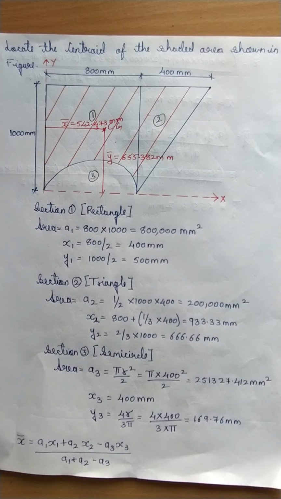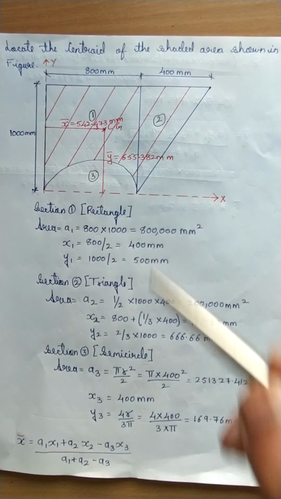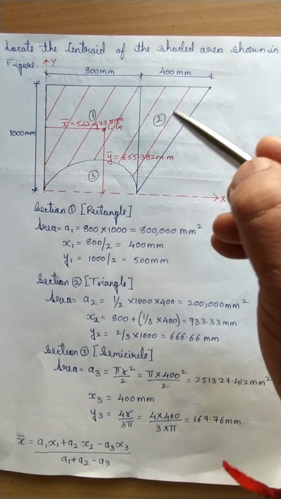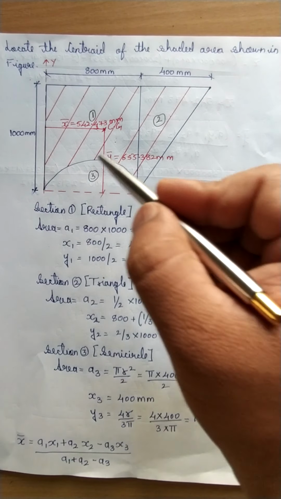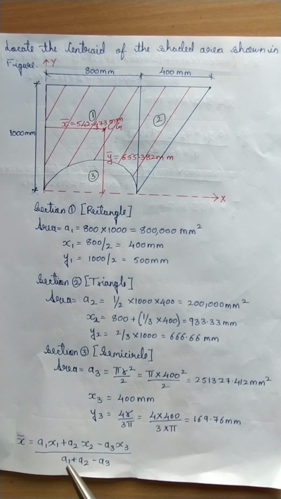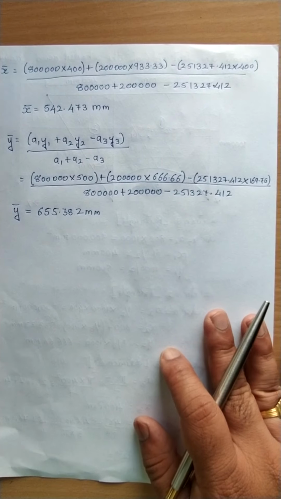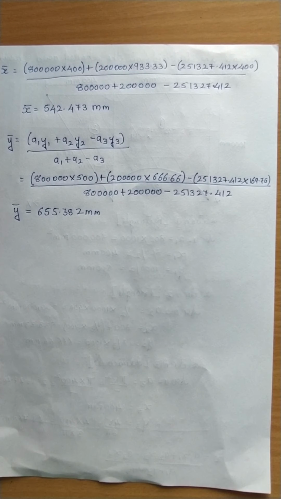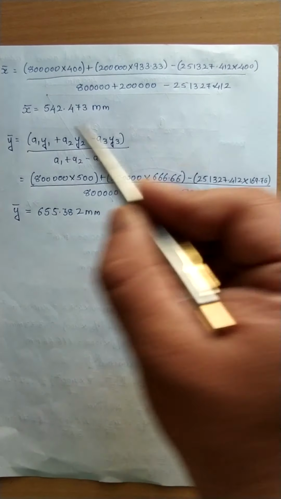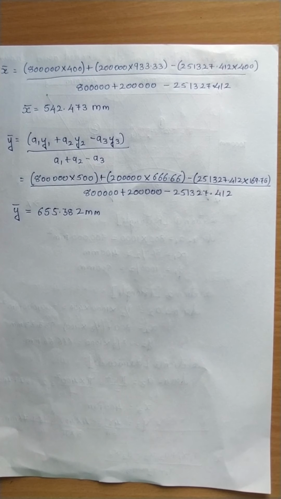Now let us find the x bar value. It will be a1 x1, that is the rectangle, plus a2 x2, that is the triangle, minus a3 x3, because I have to deduct this, divided by (a1 plus a2 minus a3). Substituting the values of a1 x1, a2 x2 and a3 x3 in this equation, we get 542.743.